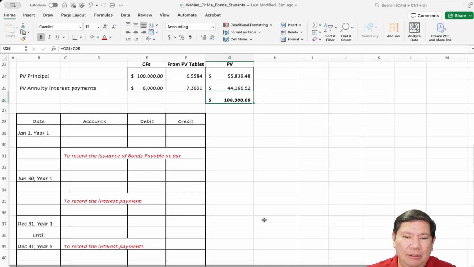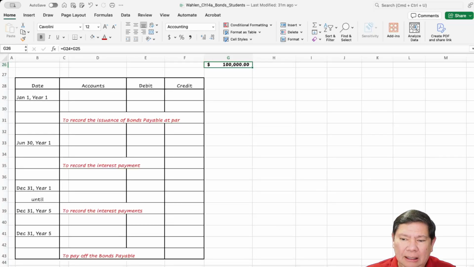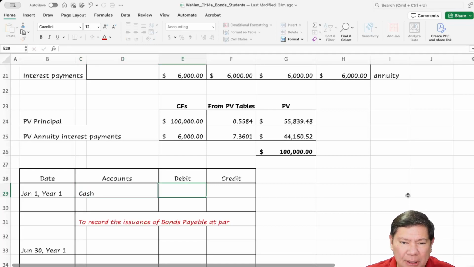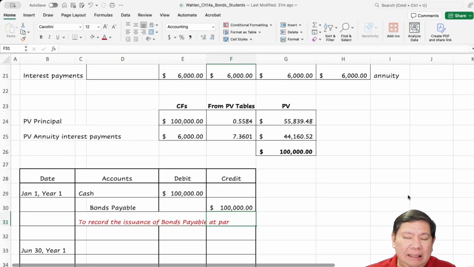Okay. Now the journal entries to record all these transactions when the bonds are issued: cash that the company receives is 100,000, and the bonds payable that the company has to report on the liability side of the balance sheet is $100,000 that will be paid 5 years later.